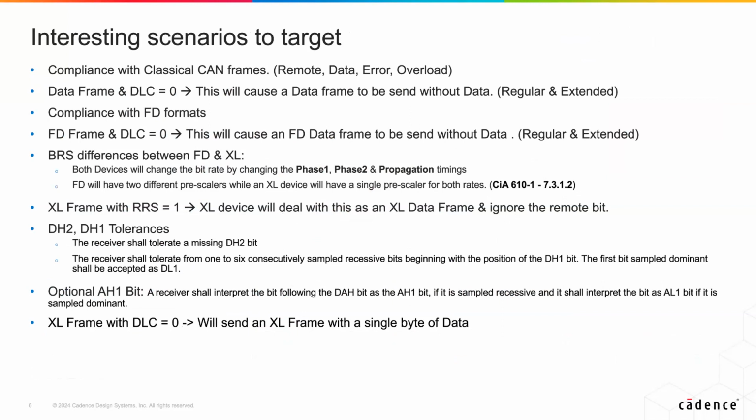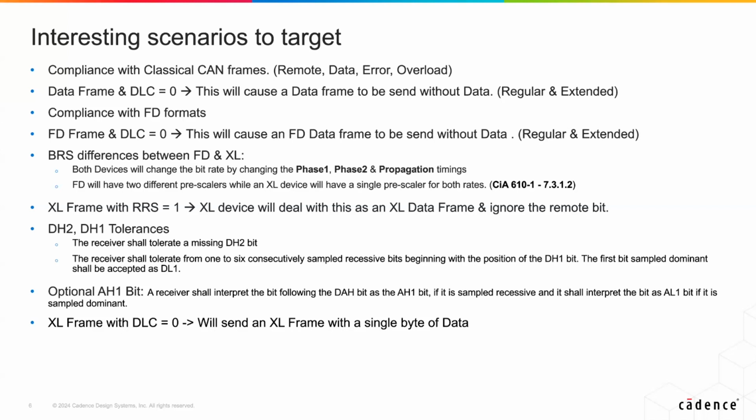Now, in CAN XL, there are some optional bits and tolerances regarding some bits. For example, a receiver could technically receive a frame with no DH2 bit, so a frame will immediately transition from DH1 to DL1. Also, it's possible that the DH1 bit itself be repeated from 1 time to 6 times, and a receiver needs to accommodate that.